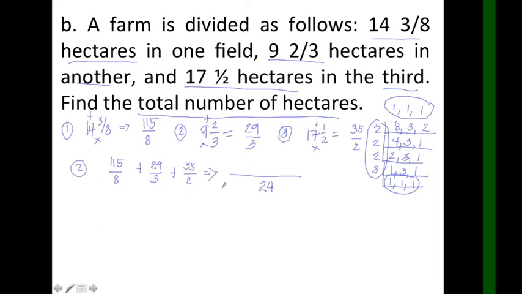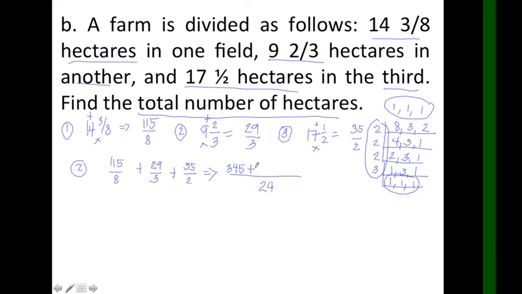After that, 24 divided 8 is 3 times 115. So, 115 times 3 is 345, right? So, we have 345 plus 24 divided 3. What do you think? 24 divided 3. So, that's 8 times 29.